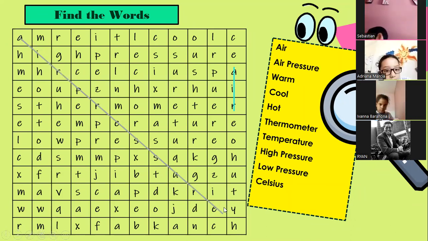Air pressure. High pressure too. In the first one, cold. Warm is here. Celsius too. Someone found warm here. Crystal found warm. Cool here.